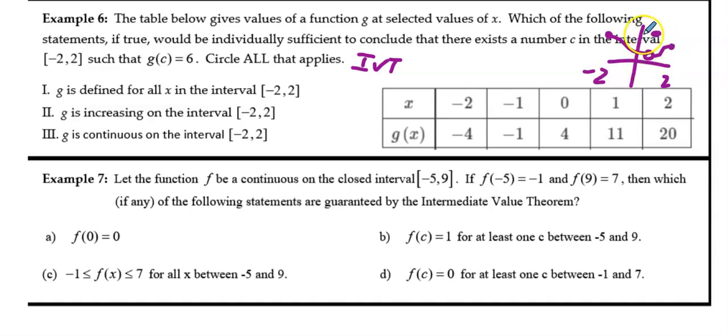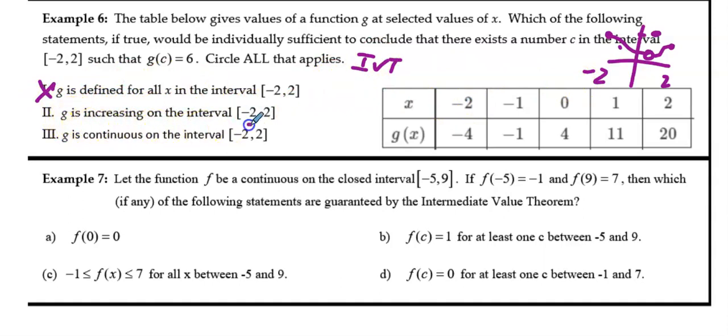So it's still defined, it's found at this value right here. That's a removable discontinuity, and it does not guarantee that IVT occurs, because I have now used my counterexample. I'm continuous here, my limit exists, but it's not defined at this value right here. So g is defined for all points. That's great and all, but it's not going to prove IVT.